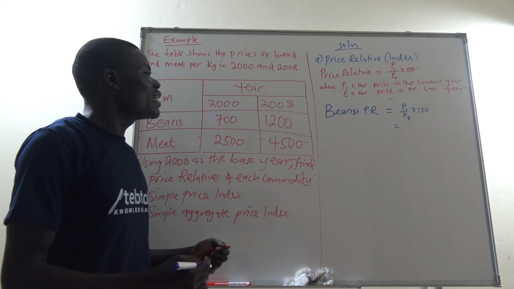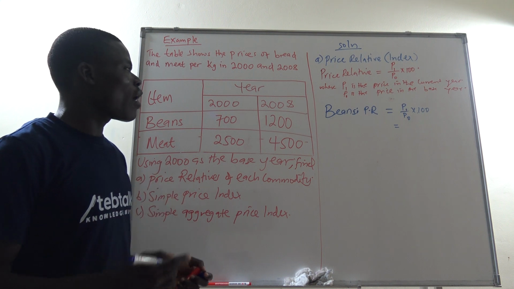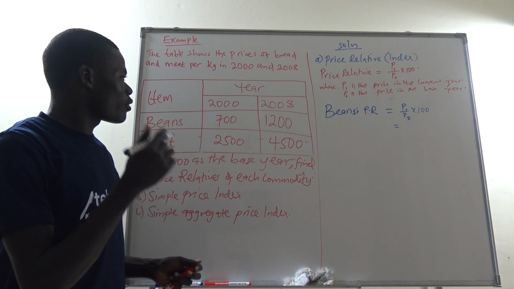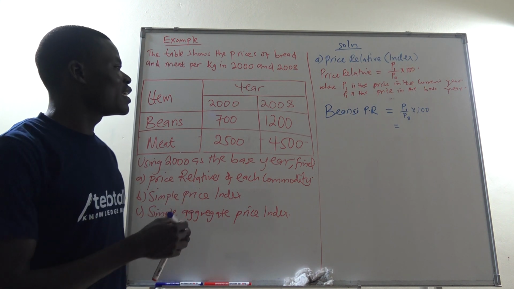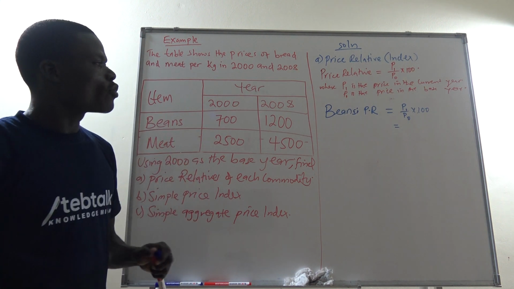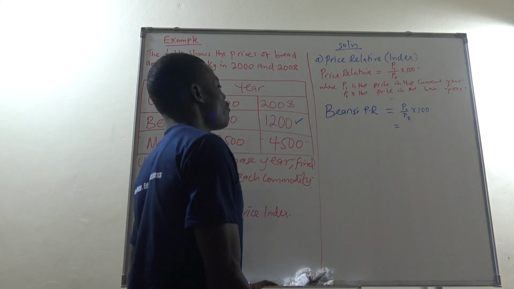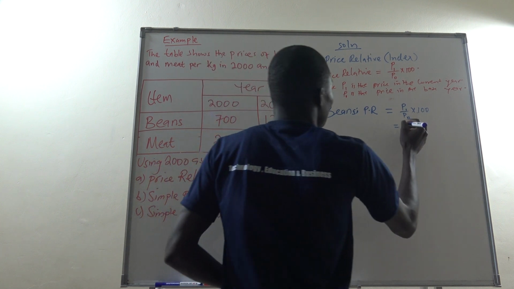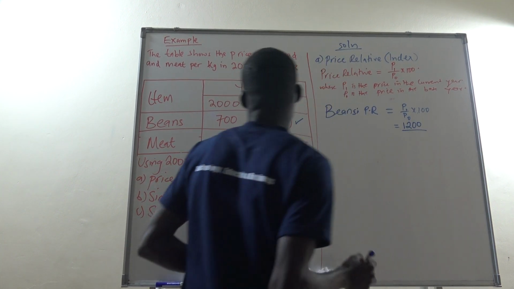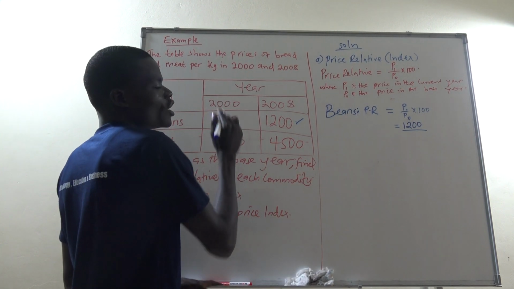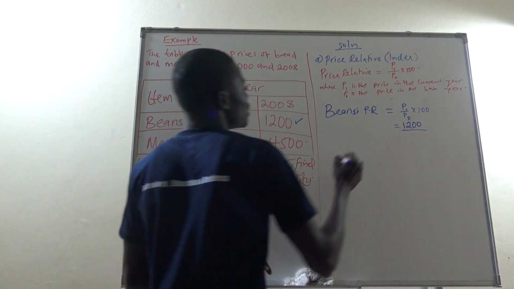So we shall look for P1 from the row of beans, which is our current price of beans. Our P1 will become the price of beans in 2008, which is 1200, divided by our P0, the price of beans in the base year 2000, which is 700.